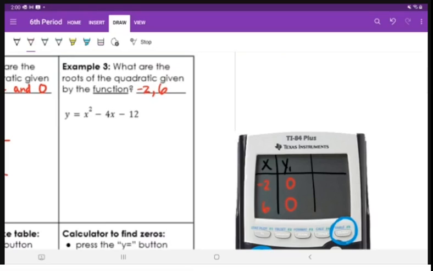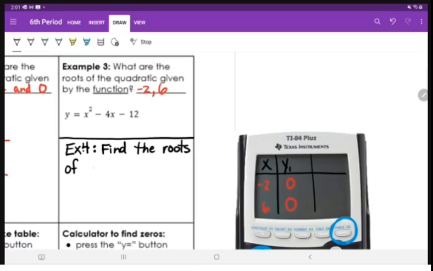All right, we're going to do one more example, and it's going to fit right here. We're going to call this one example 4. And it says, find the roots of 5x squared minus 3x minus 4.